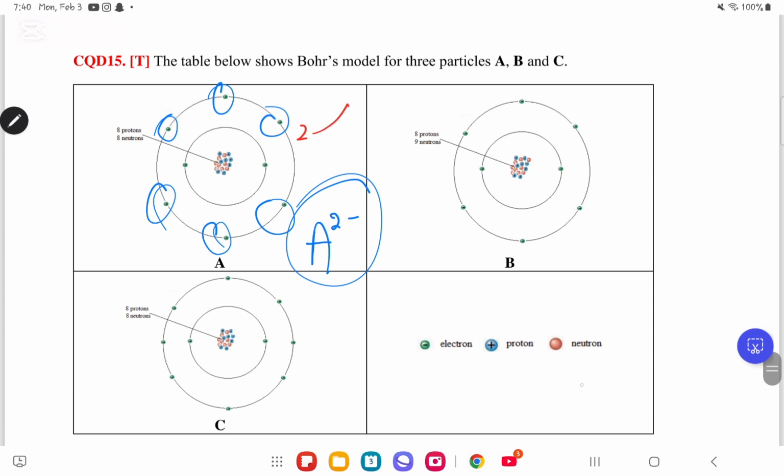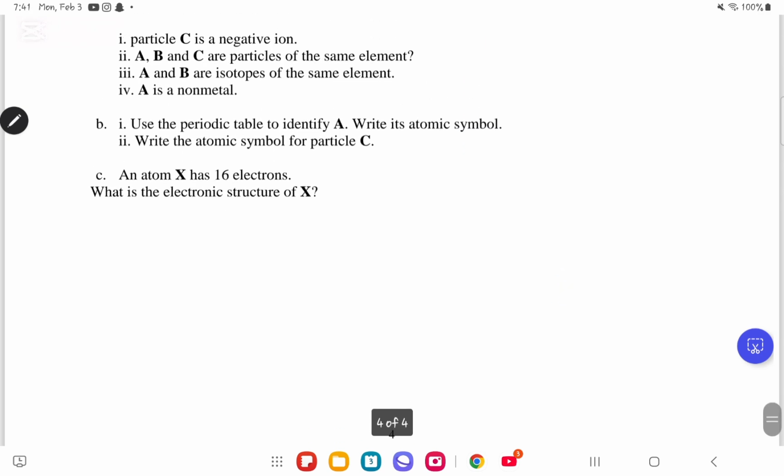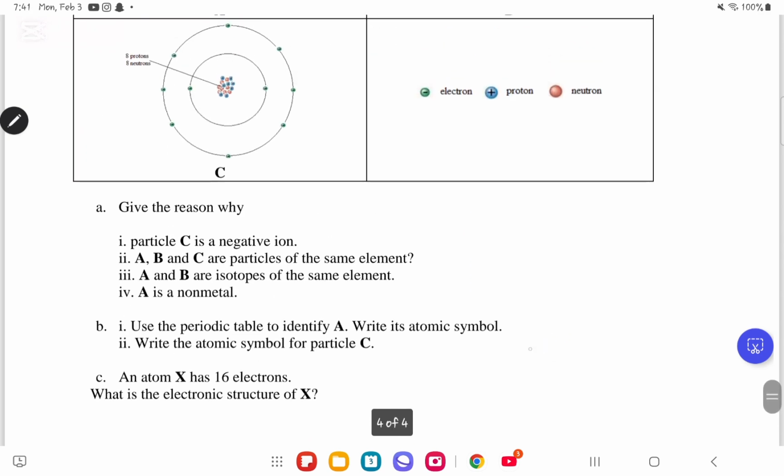So that is why it is a non-metal, because non-metals gain electrons, whereas metals lose electrons. I mistakenly said protons, I'm sorry.